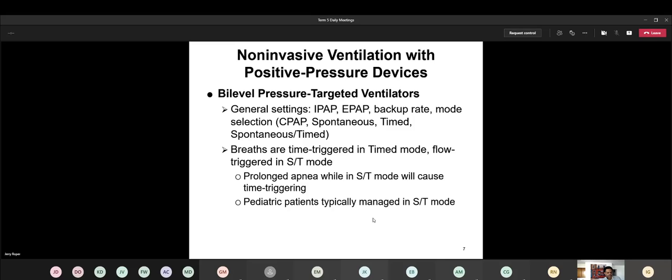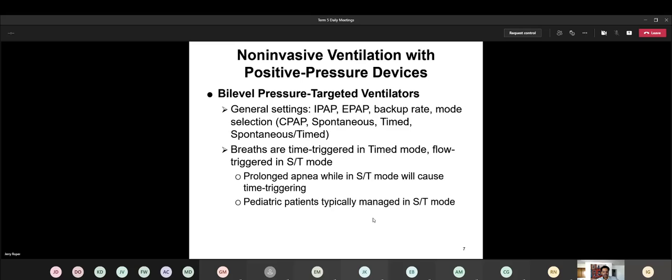The backup rate to apnea ventilation, no, it's not necessarily a dedicated apnea backup. It's just that similar to your AC mode, in AC mode, if you stop assisting, then you just go to control mode. So this is kind of the same thing.